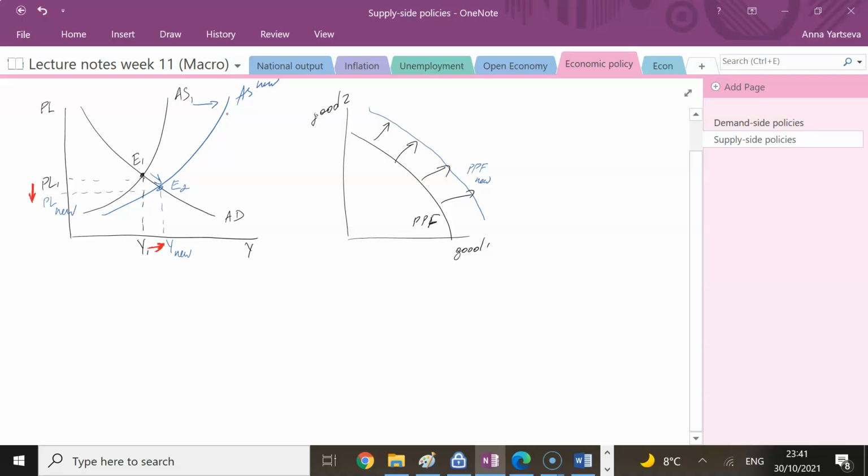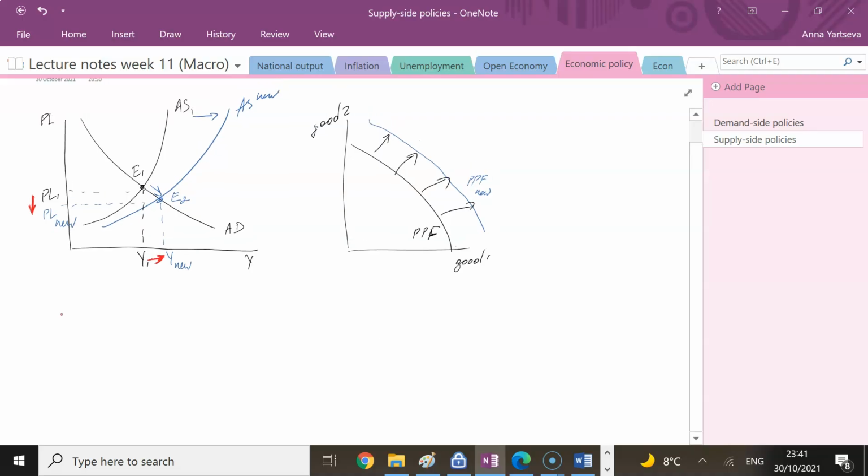When we shift the aggregate supply curve outwards, we are able to increase national output, which is a positive thing. National output goes up. National income increases as well, because these are the same thing, as we've learned in the lecture on circular flow. National income is higher, which allows us to consume more and increase the standard of living.